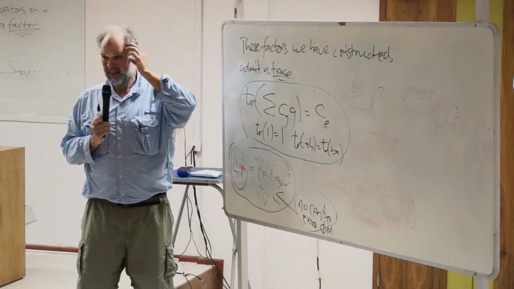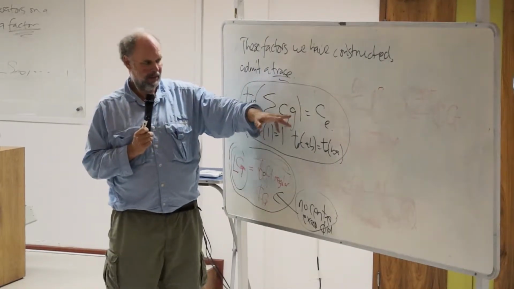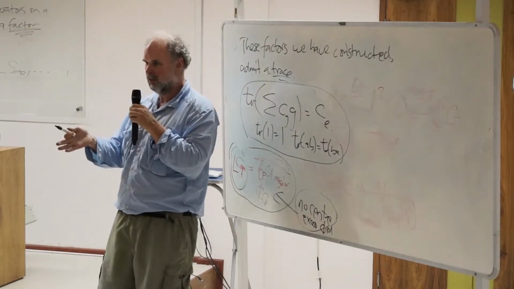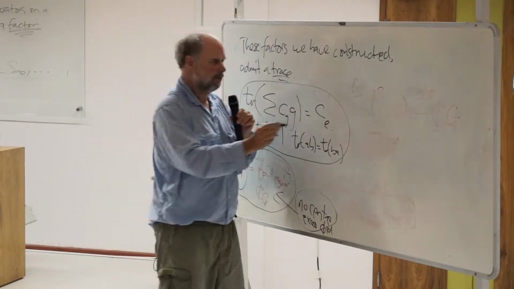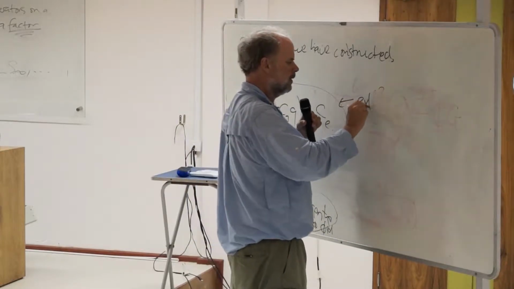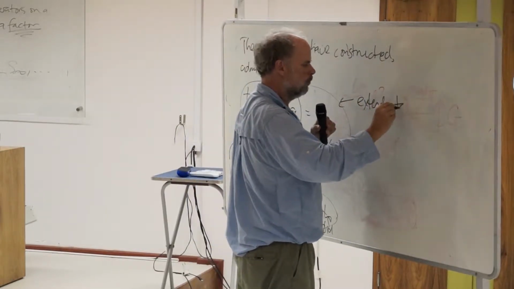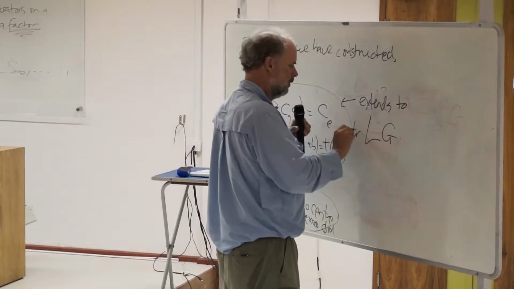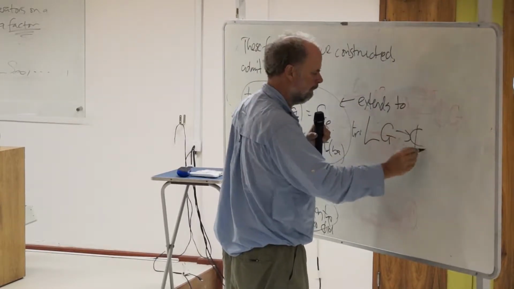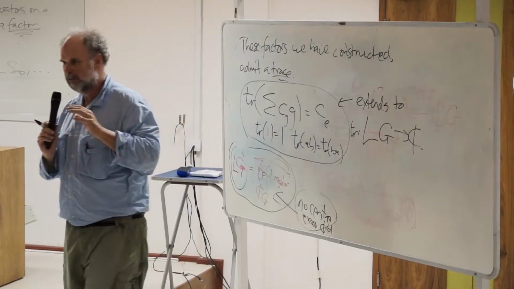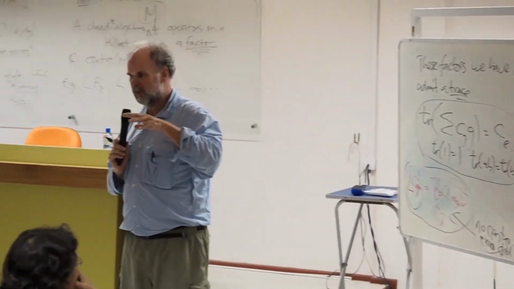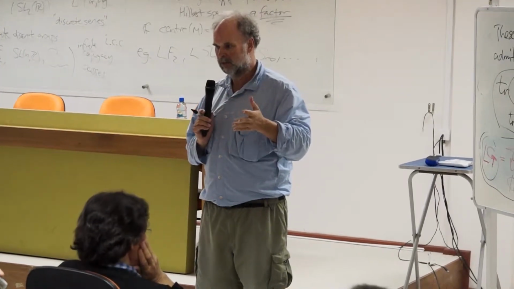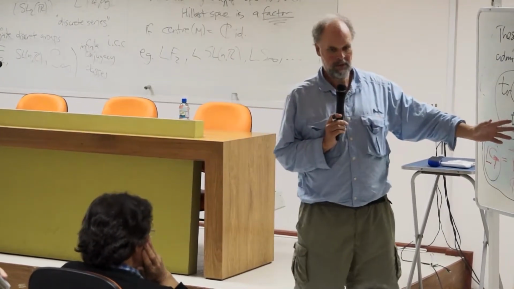Well, it's actually trivial that this particular trace is continuous in the topology for which we close the algebra, so it extends to L of G. So we have a von Neumann algebra factor with trivial center, which has a trace on it, a linear function with these two properties.